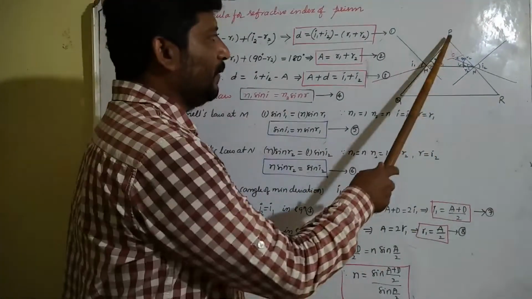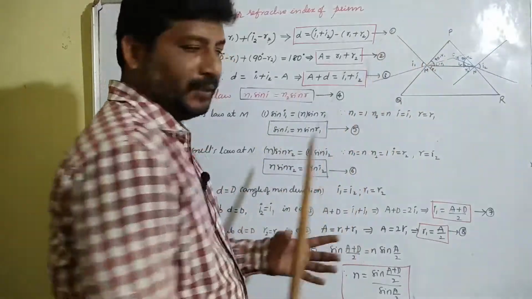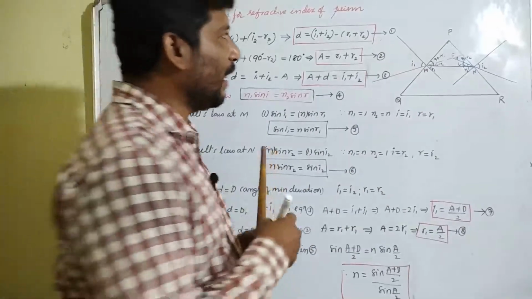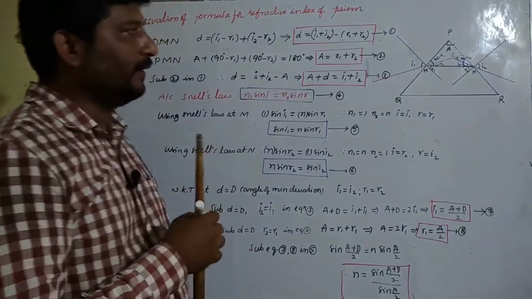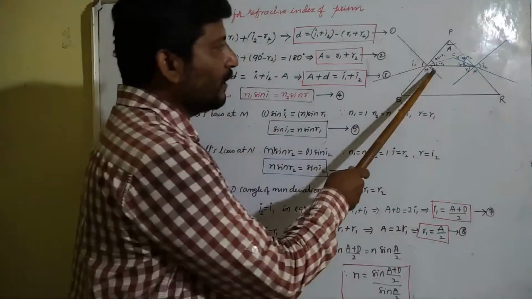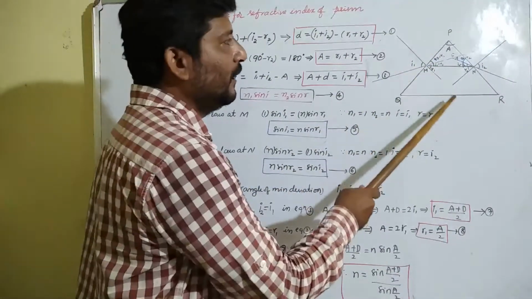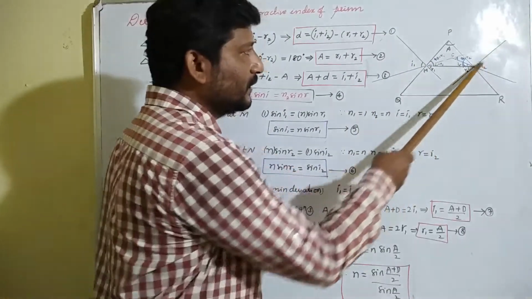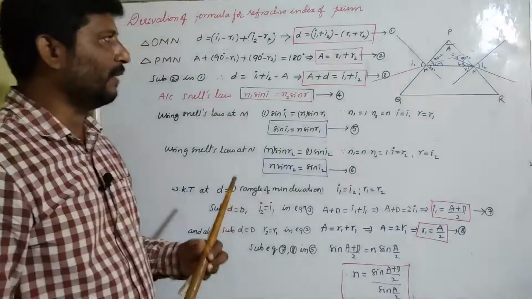Now take the triangle PMN. Here at P we have the angle of prism, capital A, and if this angle is R1, the remaining angle is 90 minus R1 because it is a normal. If this angle is R2, this is the normal, so the remaining angle will be 90 minus R2.